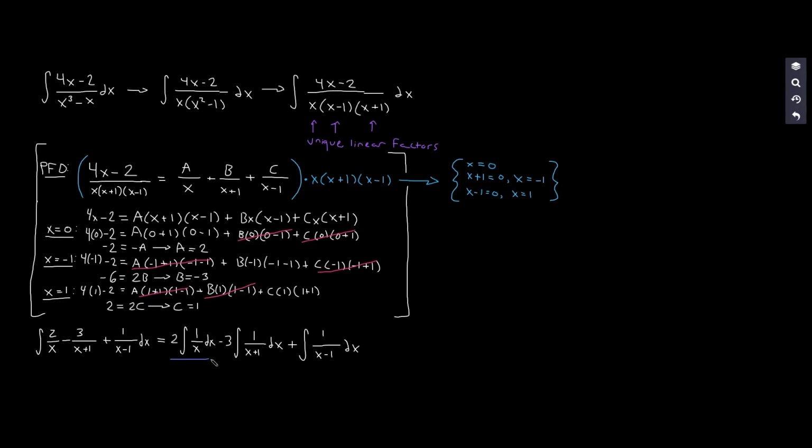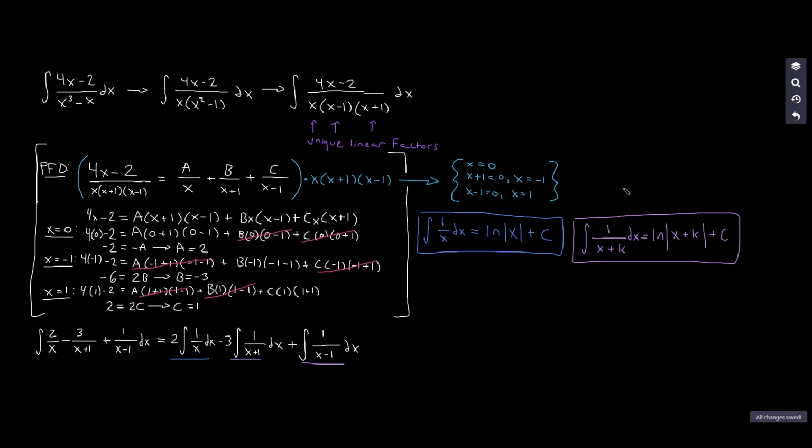So for this one here, the formula is the integral of 1 over x integration with respect to x equals the natural logarithm of the absolute value of x plus C. And then for these two here, that's the indefinite integral of 1 over x plus k integration with respect to x equals the natural logarithm of the absolute value of x plus k plus the arbitrary constant. So let's go ahead and apply that.